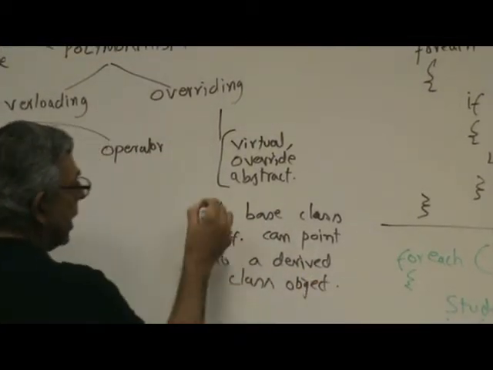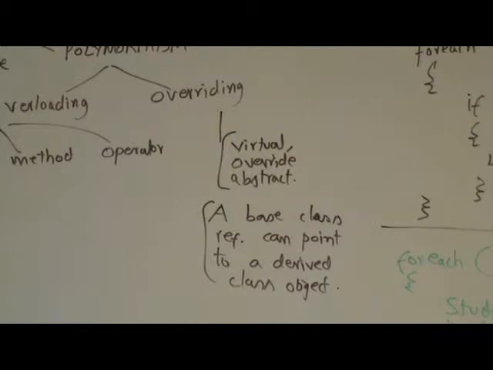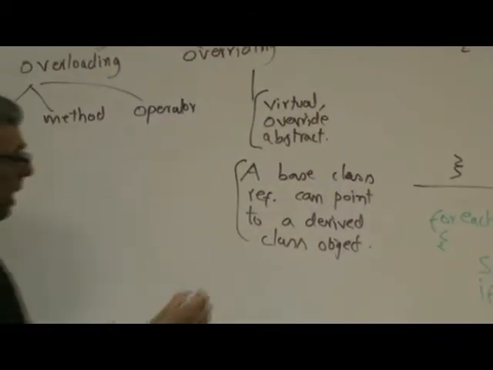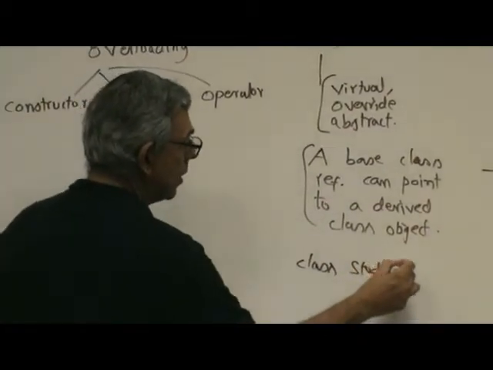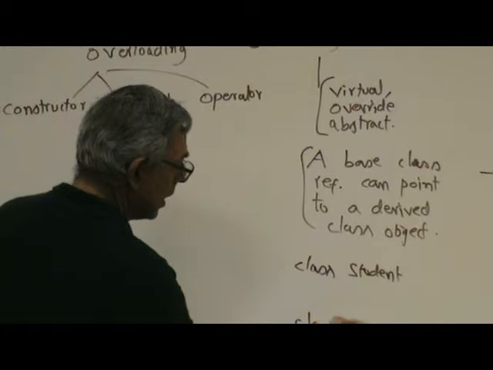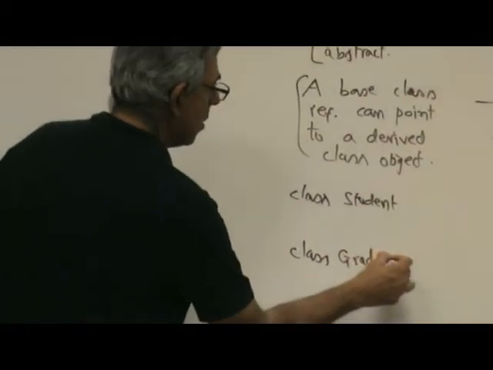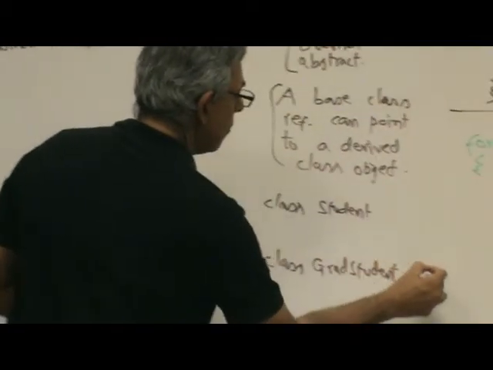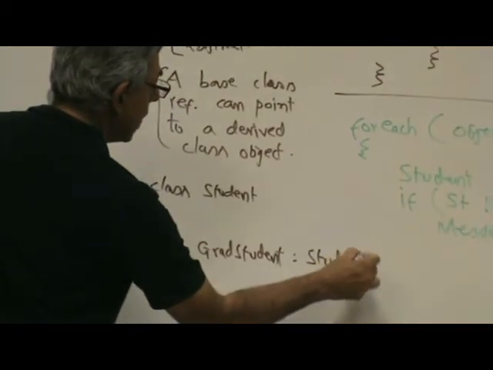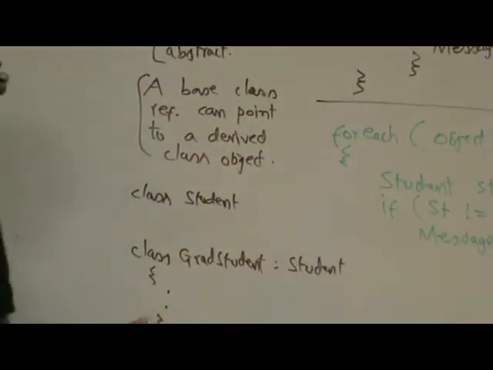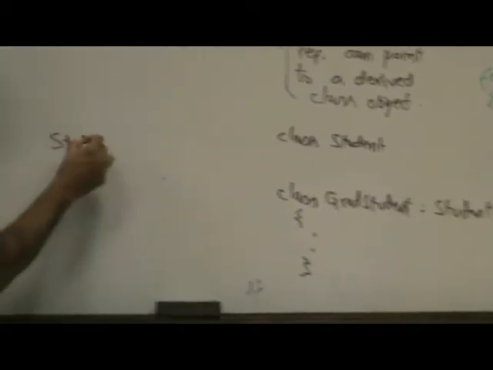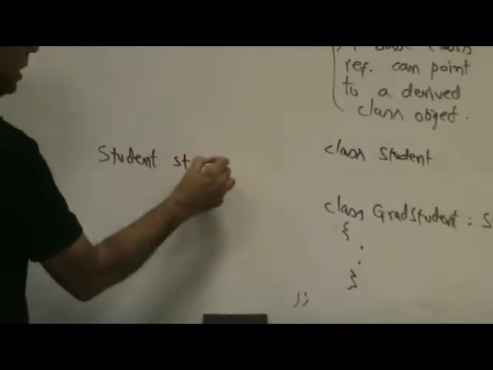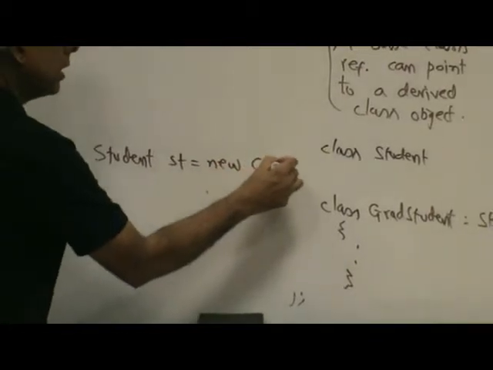At that time, many of you were questioning why we should use a base class reference. I remember I was giving you an example: let's say you have a class student, and you had a class called grad student, which is inheriting from student, correct? So we were writing code something like this: student st equal to new grad student.